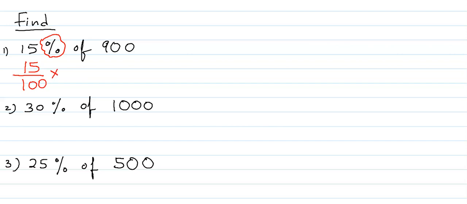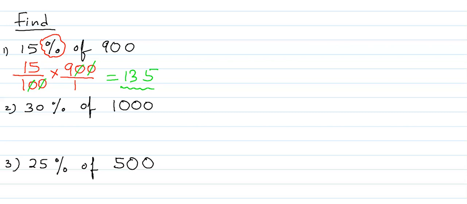Of means multiply, and it is 900. There is nothing else, so suppose there is 1. Now you can cancel the top two zeros by the bottom two zeros, and multiply 15 times 9. 15 times 9 is 135. This is one way of solving.